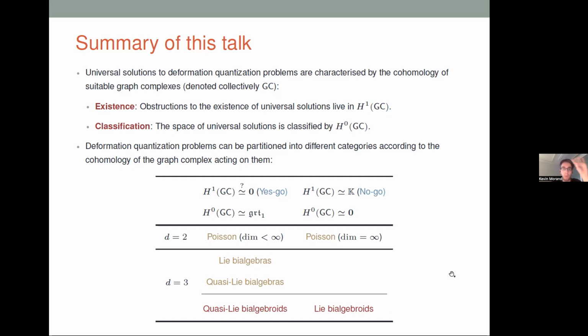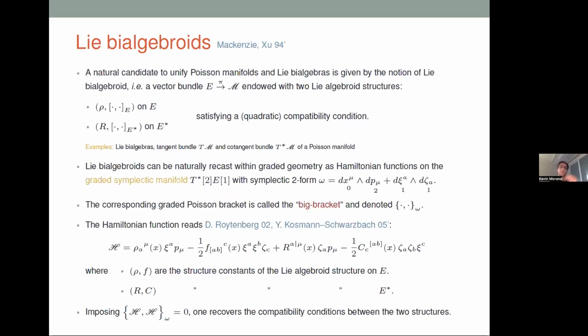Okay, so now I will just make precise what I mean by this. For those of you who are not familiar with this notion, let me make precise what I mean by Lie bialgebroid. As I mentioned, it's a natural candidate to unify both Poisson manifolds and Lie bialgebras. Very explicitly, a Lie bialgebroid is a vector bundle E over some manifold M. This vector bundle will be endowed with two Lie algebraic structures.